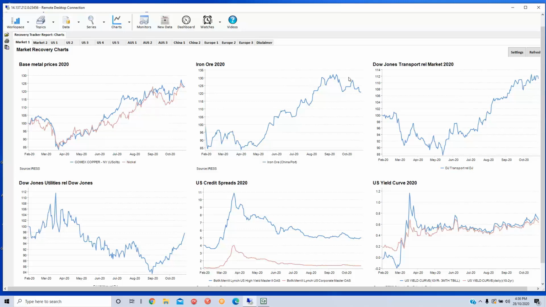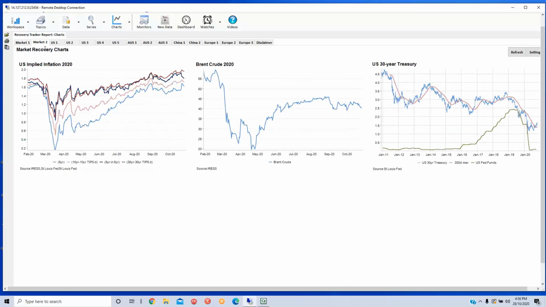Base metals still doing well, but iron ore not so, transport not so, and utilities typically wouldn't outperform in a recovering economic environment. And the other one we'd look at here would be particularly implied inflation expectations, and they've been rising since March. Obviously, a bit of a sideways move during September, but have returned to a slightly rising trend. So on balance, the market type indicators are still supporting the recovery thesis.